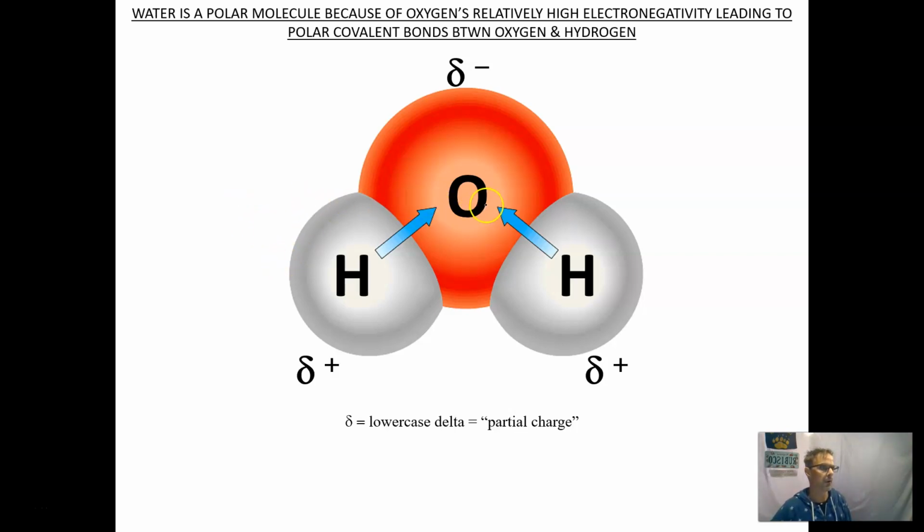You may remember from introductory chemistry that water is two hydrogens and an oxygen that are covalently bonded together. These arrows represent covalent bonds, which is a shared pair of electrons.